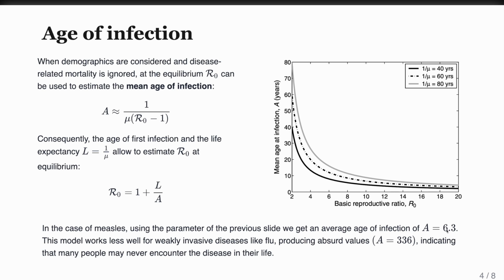But if we apply the same formula to a much less invasive disease like flu, then this number grows exponentially. In this case, it's 300 years. Which is a little bit absurd because this is a simplified formula for simplified models, but also may mean that some people will never encounter the disease in their whole life.